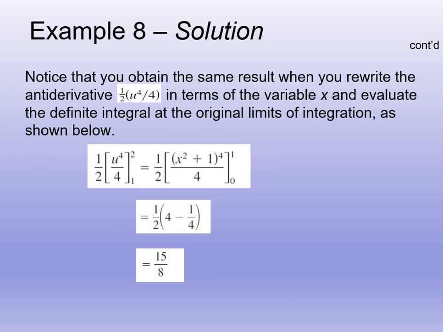Either way works. You just have to make sure you're choosing the right limits. If you keep it in terms of u, which is what I would do, and use your u limits of integration, it works out great. Or, once you've done your u substitution and integrated, put your x stuff back in and evaluate using the x limits of integration. Either way makes it work.